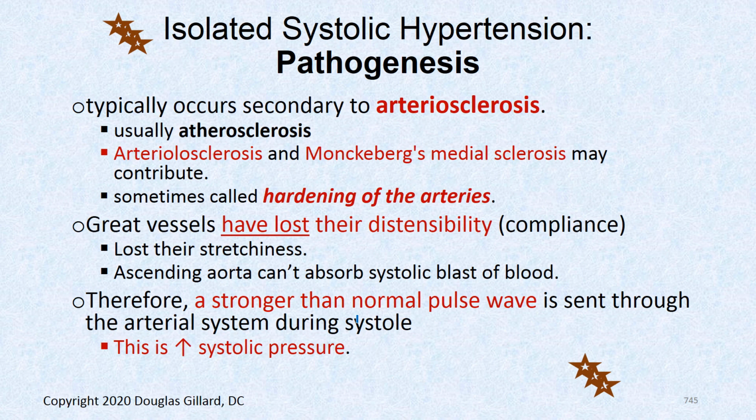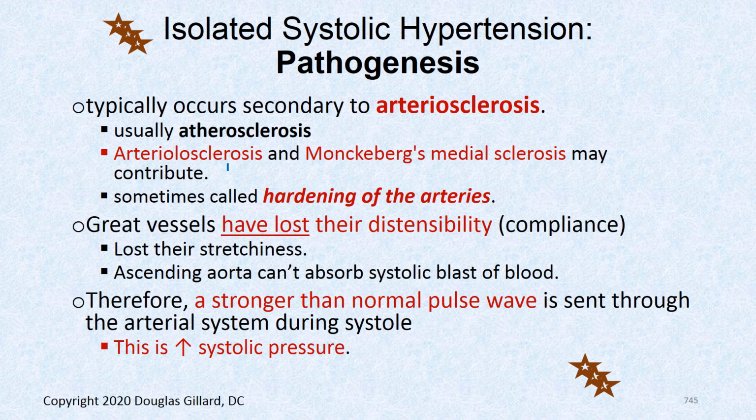All right? Pathogenesis: in older people, it's thought to occur secondary to arteriosclerosis, usually atherosclerosis and Monckeberg's, maybe even arteriosclerosis is involved as well. But it's basically a hardening of the arteries.